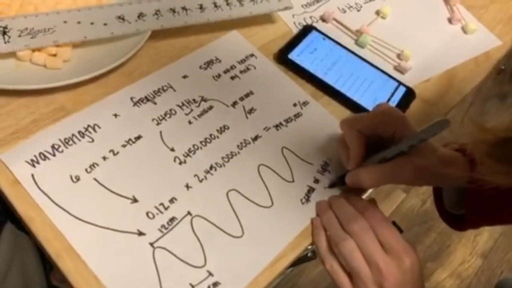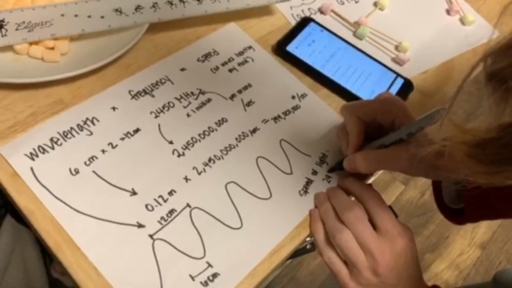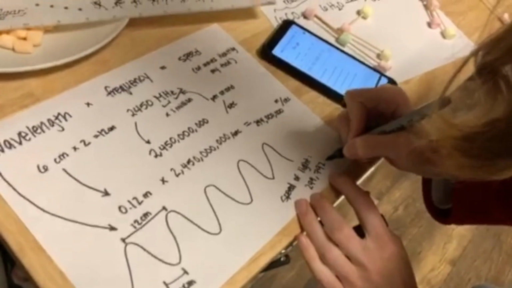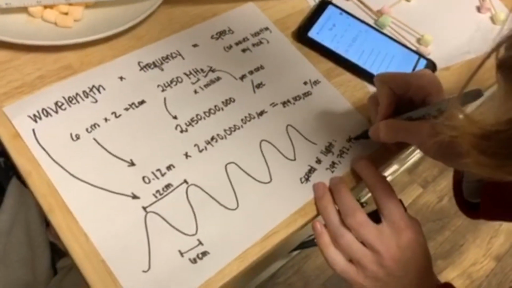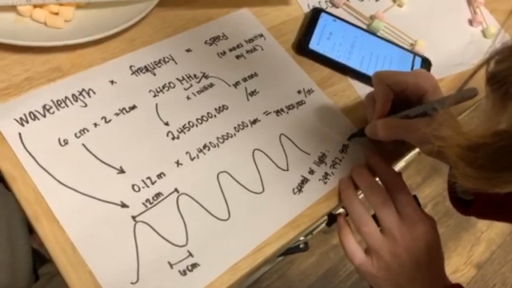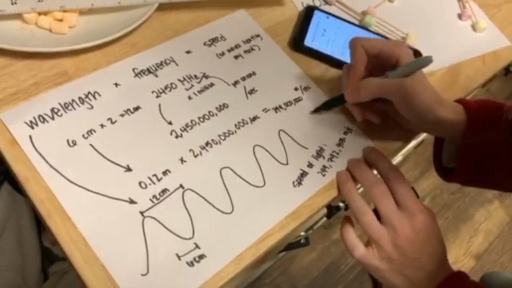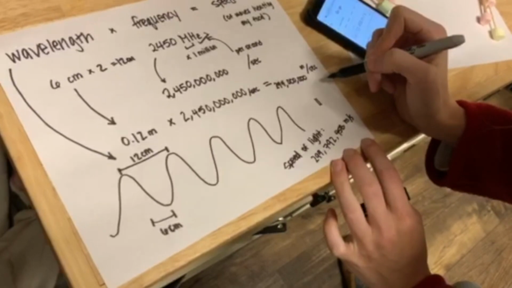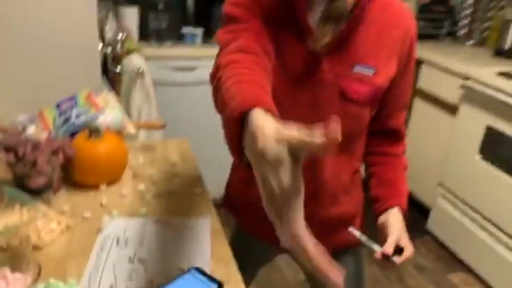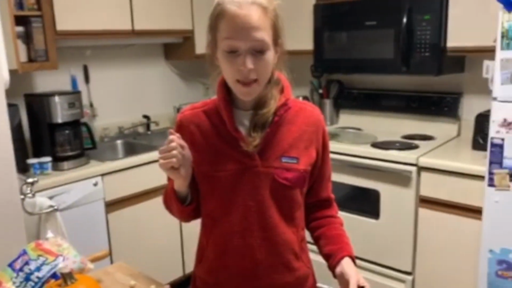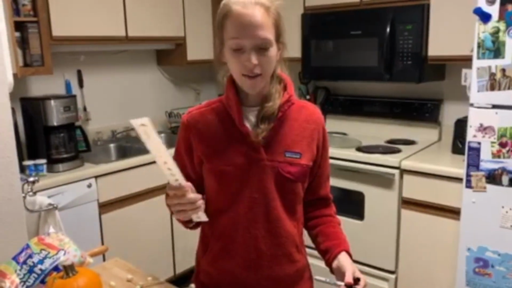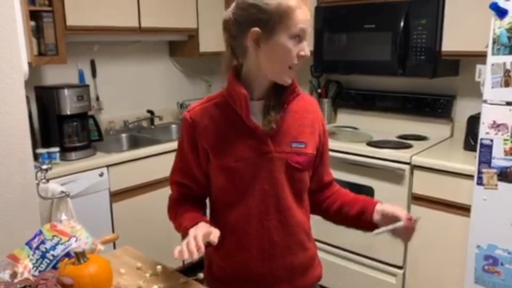Speed of light is 299,792,458 meters per second. That's pretty darn close if you ask me. So, congratulations. You have just measured the speed of light with marshmallows, a moose ruler, and your microwave. Now, before you're done, put it back together so that I don't get in trouble. See you later.